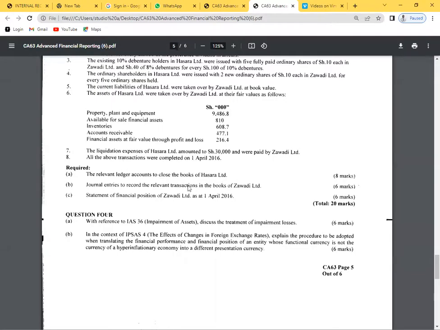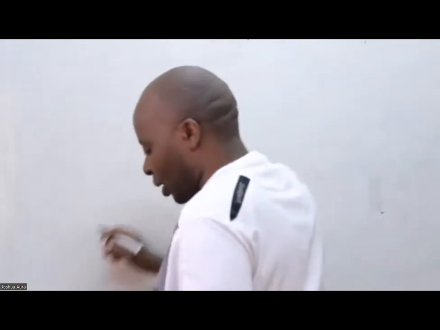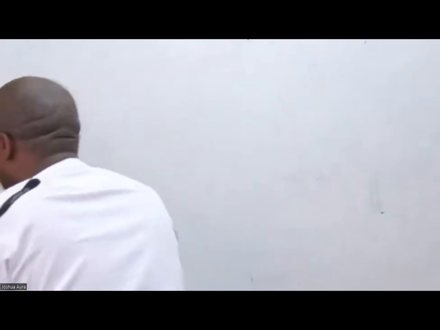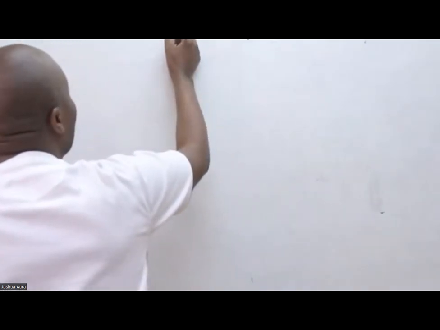This is where I will start from, the last one, question 3C. I'll mention here, statement of financial position of Zawadi Limited. In question 3C, I can see very many marks that I'll be able to harvest without knowing anything at all.